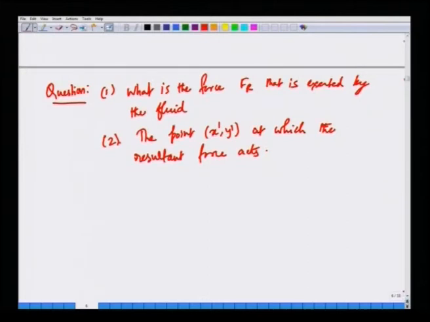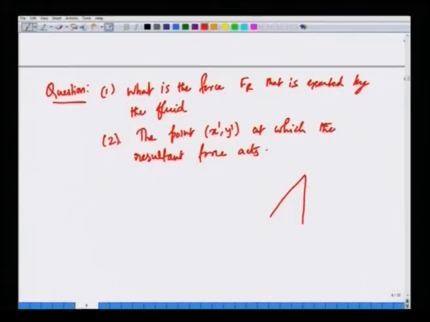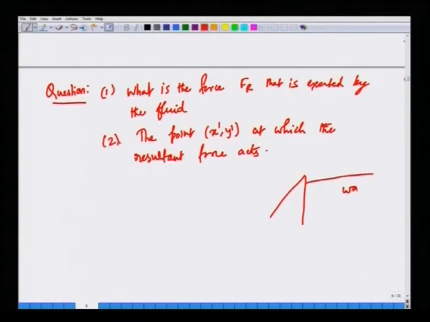Well, this is important in several applications, where suppose you are interested in the construction of a dam. A dam is something that stores or abstracts water. Okay, this is water. And this surface has to be constructed in such a manner that it withstands the force due to the water.